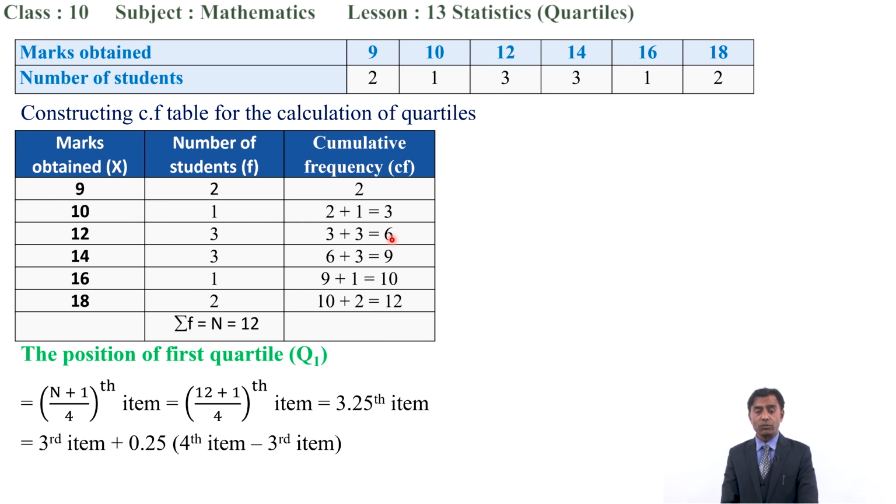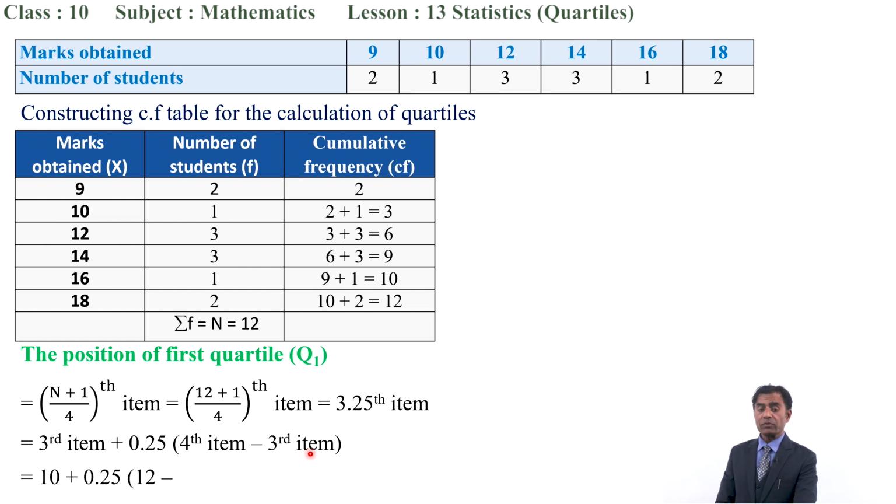Before the decimal we have 3, so this represents the third item, and 0.25 after 3 is a multiple of the difference with the fourth item. It lies in between the third and sixth item. So the method is: third item plus 0.25 times (fourth item minus third item).